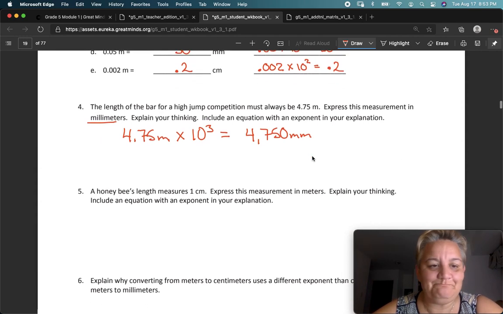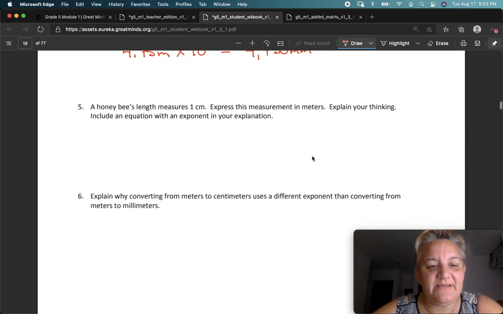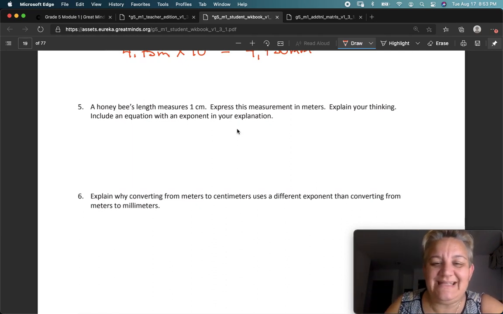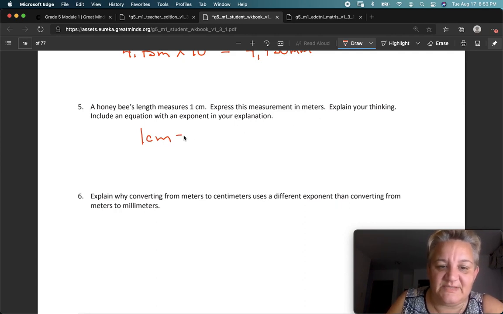Great, we did it. Number 5, a honeybee, tiny, its length measures 1 centimeter. Express this measurement in meters. So we've got 1 centimeter. That means we're going from a small unit to a big unit, which means we need to divide.